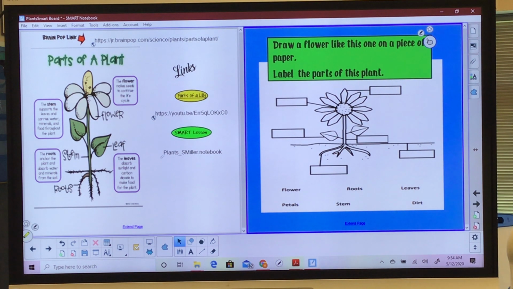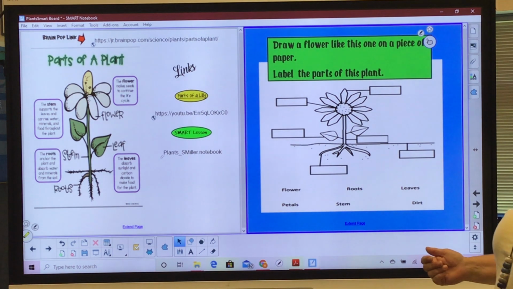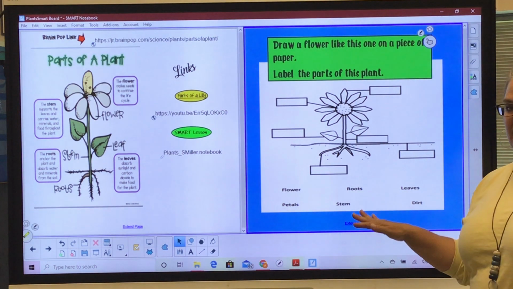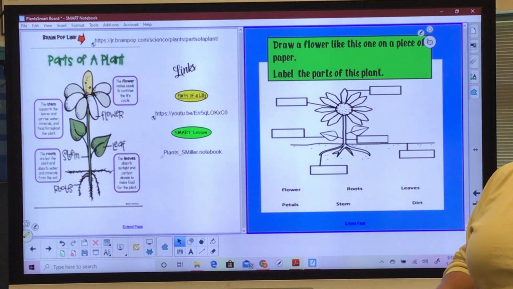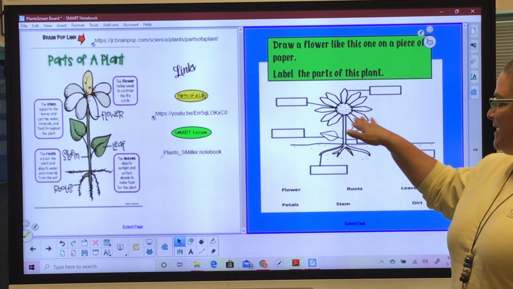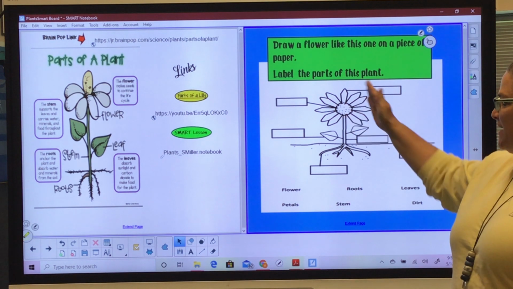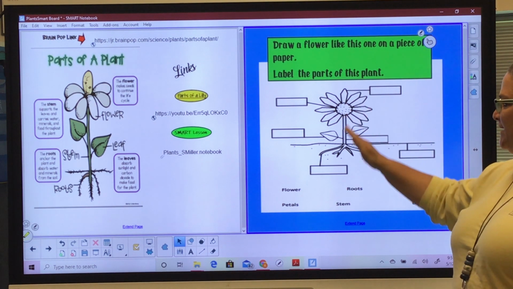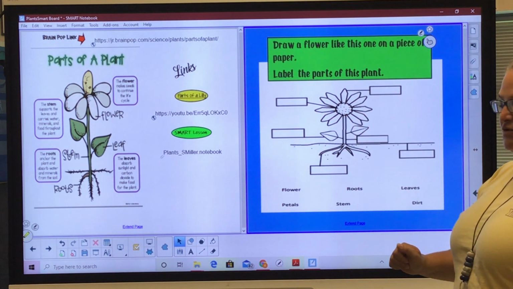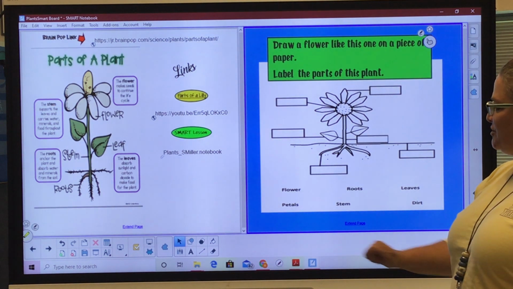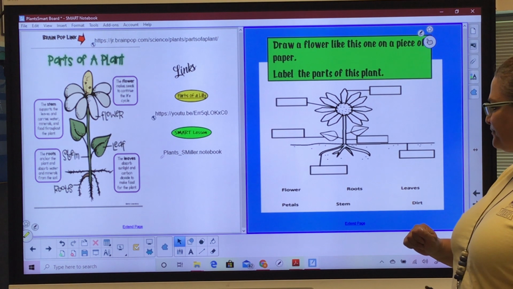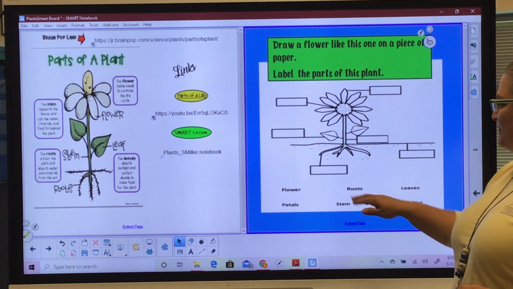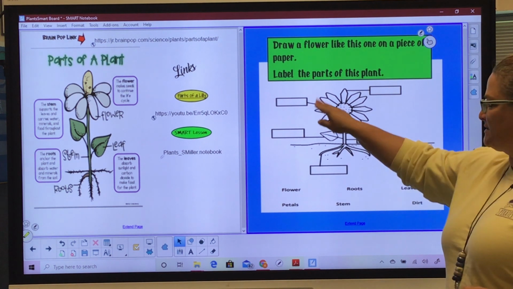Now, your assignment, your activity for today. You are going to draw a flower like this one on a piece of paper. Now, it does not have to be exactly like this one, but I know you are all wonderful artists, and I know that you can draw a picture of a flower so that you have the middle section and you also have the petals on the outside, the stem, the leaves, and the roots, okay? And then you are going to label each part of that flower in the boxes, okay?